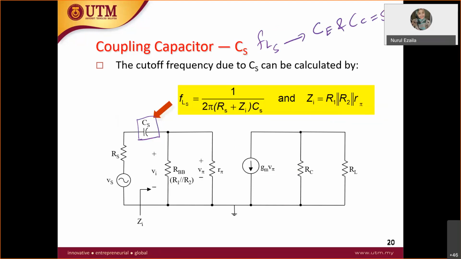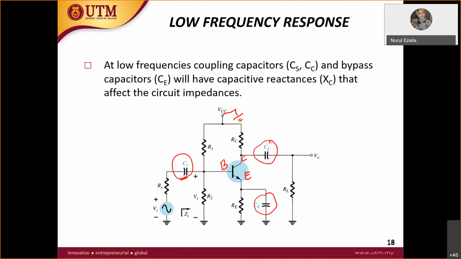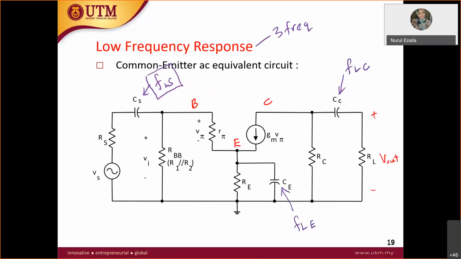So in this case, if you still remember, F is equal to 1 over 2 pi RC.